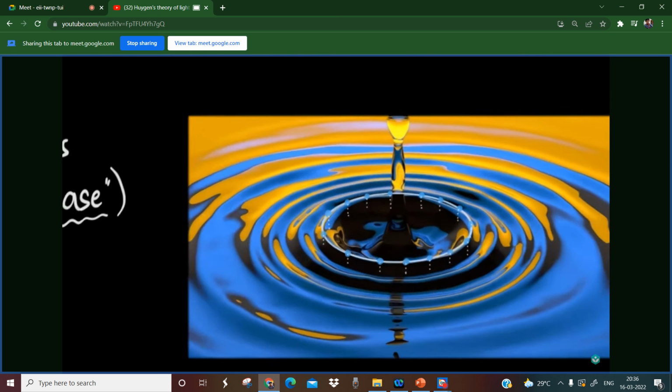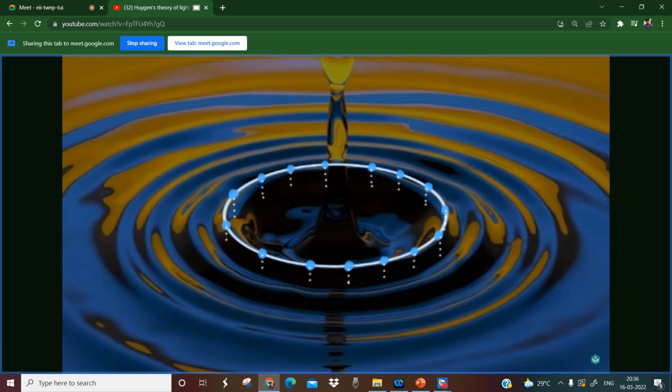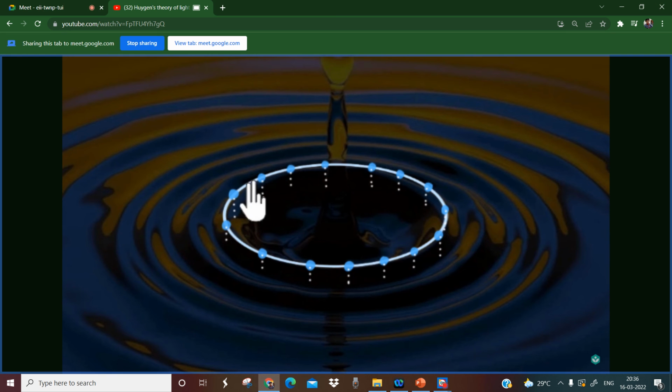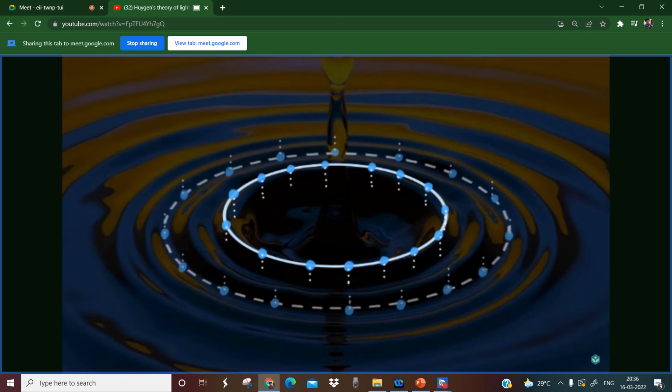Well, if I come over here and look at one of these ripples or wavefronts and concentrate just on them, what I will find now is that every particle on that ripple or on that wavefront is at the topmost position. And that's why that ripple is a crest. A little later in time, you'll find all those particles will be at the bottommost position, forming a trough. Let me show you one more, which is already a trough over here.